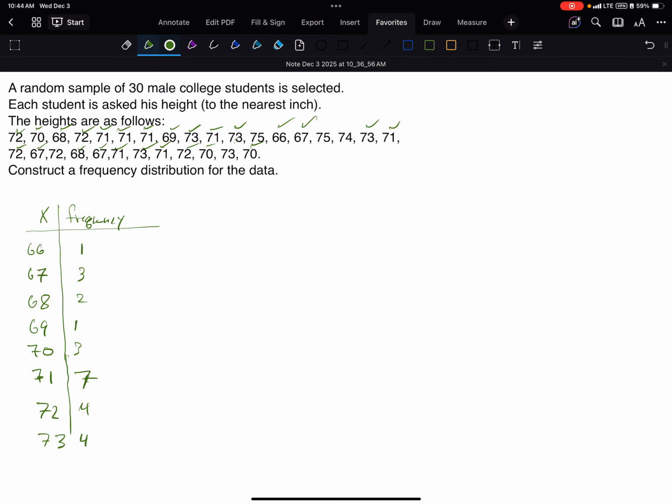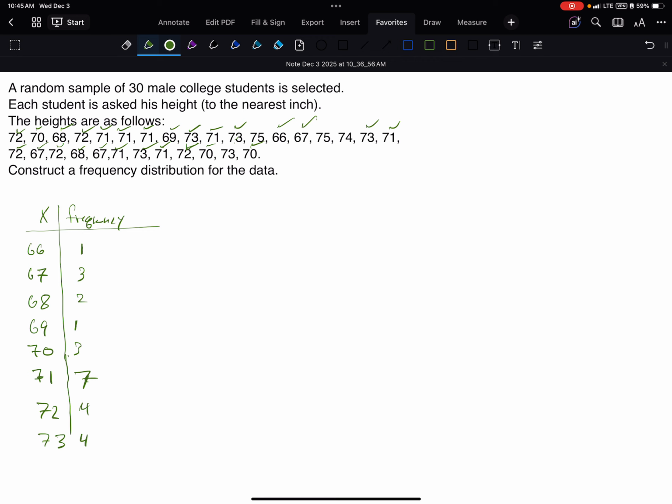Oh, I may have missed a 72. I've got 1, 2. We got 1 there in the upper left. No more there. A second one. A third one, and a fourth one, a 4 for 72, and that's what I wrote down.